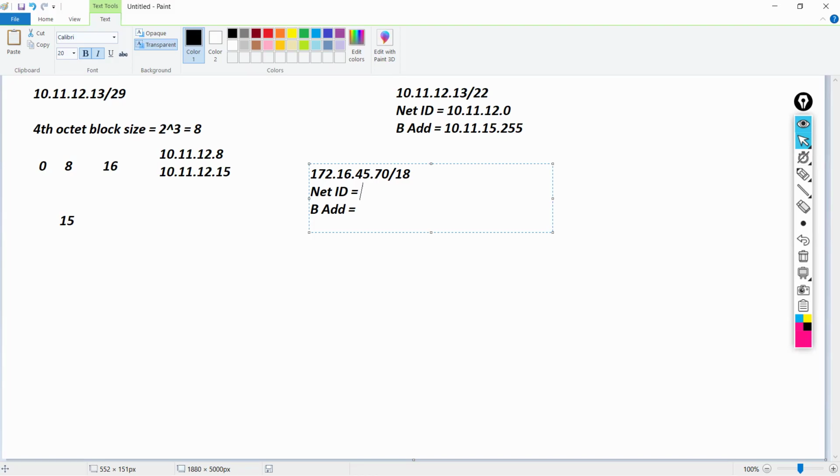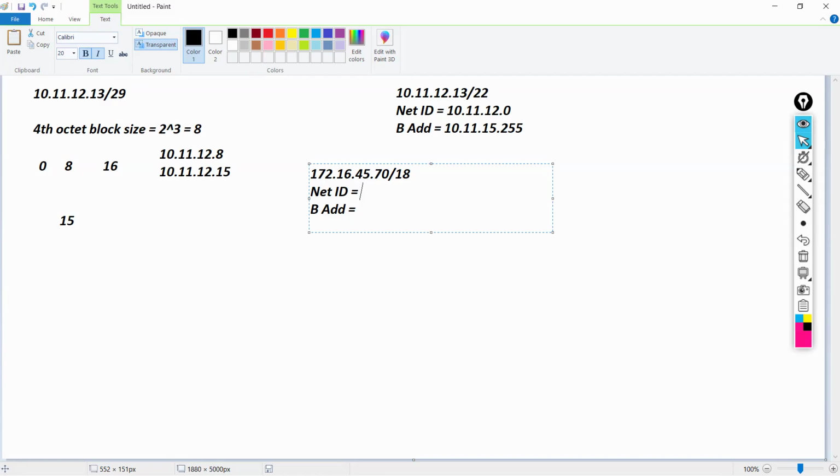So now what is the answer? 172.16.0.0. The block size is wrong. What is the block size? 64.